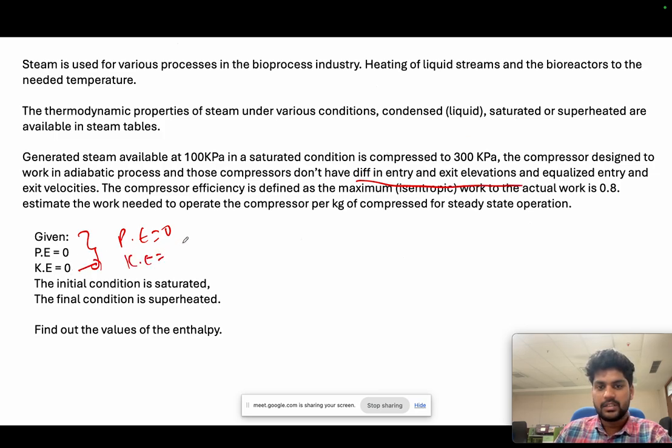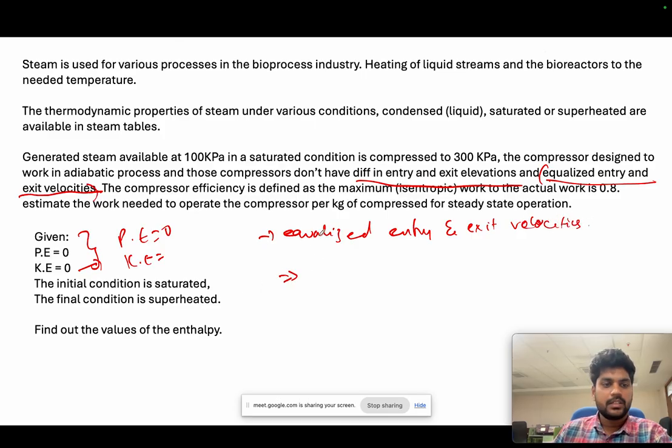They say equalized exit and entry velocities, which says that delta U equal to 0. From this we got this one. The initial condition is saturated and it is superheated, because they also mentioned that.